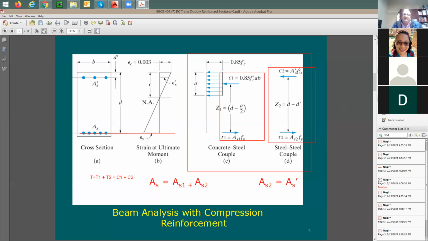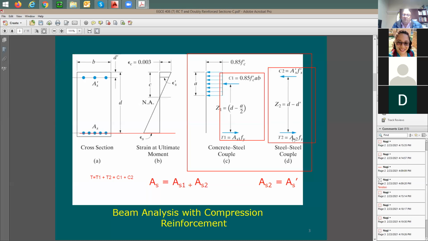If I assume that this is yielding and this is yielding, what is going to be As2 in your opinion? You're going to say As prime Fs, which now becomes Fy, is going to be equal to As2 times Fy. Therefore, As prime is going to be equal to As2, correct? Both top and bottom steel is yielding.